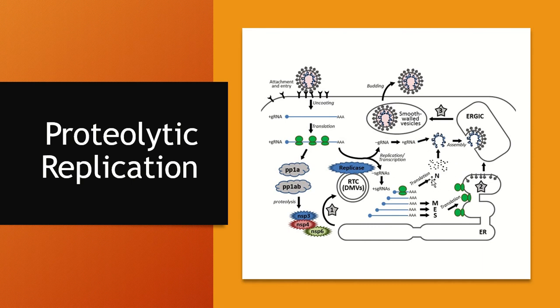The N protein is another type of protein, and it binds genomic RNA, and protein M is integrated into the membrane of the endoplasmic reticulum, in other words the ER. That is right here, the endoplasmic reticulum.